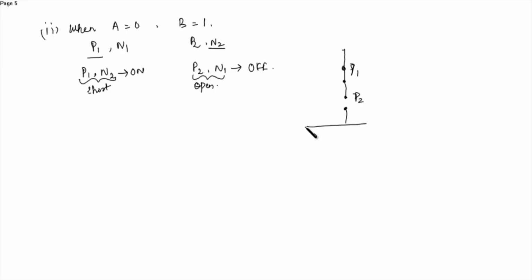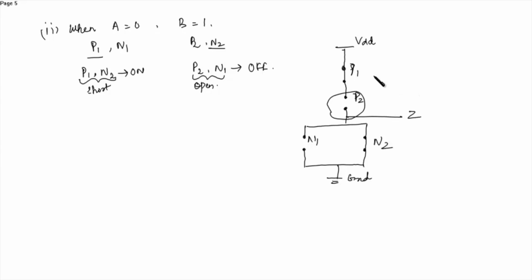Here N2 is on and N1 is off. This is off, this is on. This is ground. This is VDD. N1, N2. Output is from here.